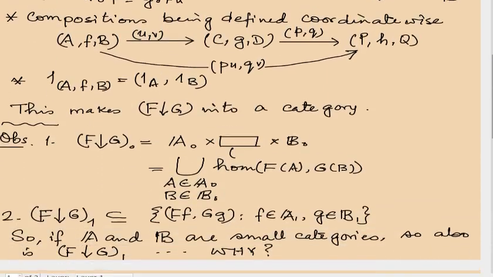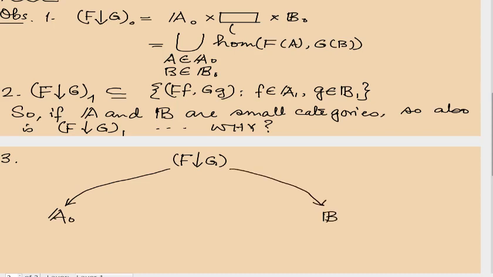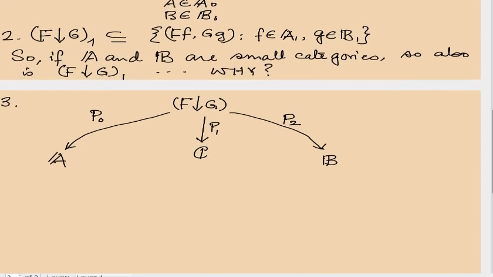So we have three functors. What does P0 do?